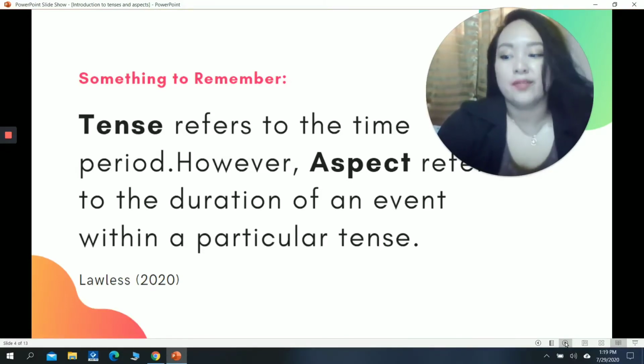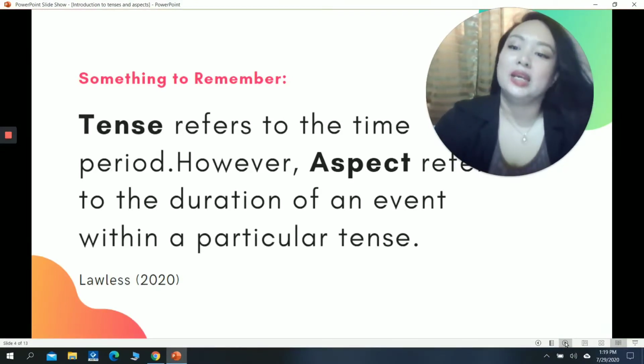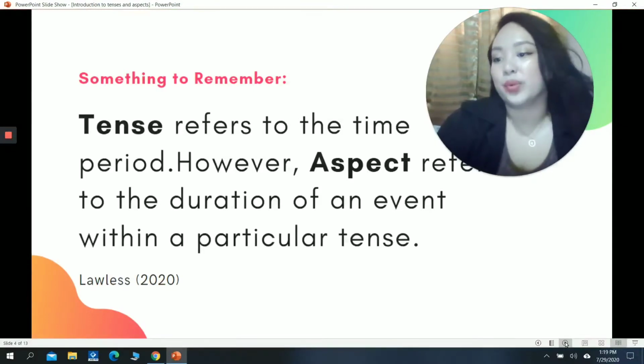So a verb form which is made with an auxiliary is not in this technical meaning a tense. According to English grammar, from 2017, tense was defined again as a period of time. So here, by Lawless 2020, he coordinates tense and aspect. Tense refers to time period and aspect refers to the duration of the event of a particular time period.